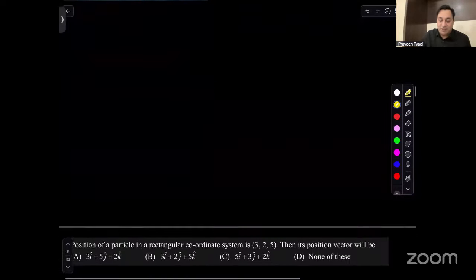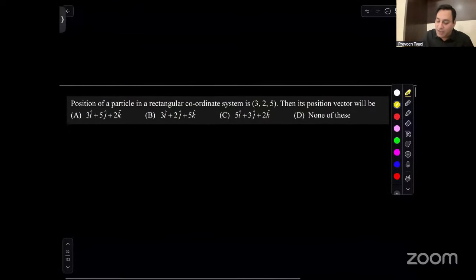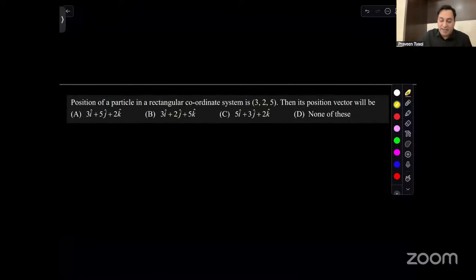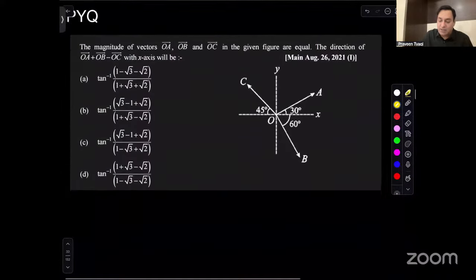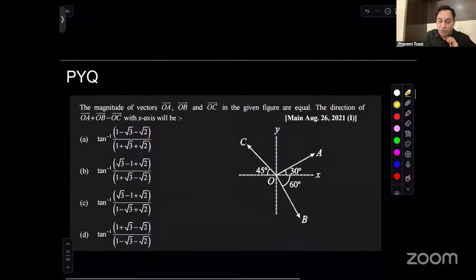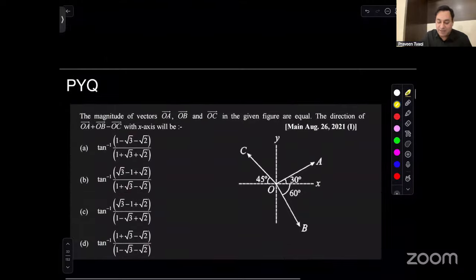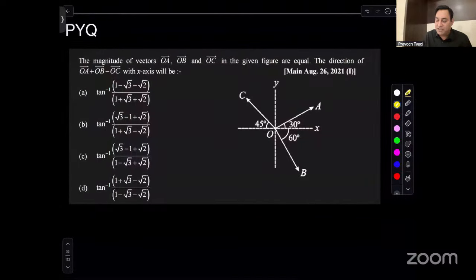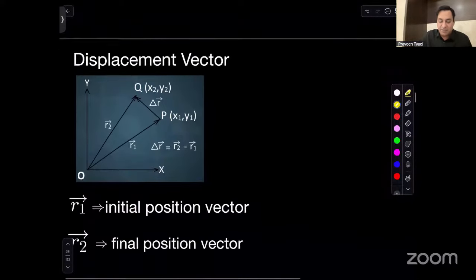So vectors chapter, I just want to move ahead very quickly now. And I want to come to the real crux, which is mechanics. We could have done more problems, but I think it is better that you do these mains problems at home and try to do them on your own. If you get stuck, I'll send you the solutions, or you can ask me in the next class. Displacement vector, position vector.